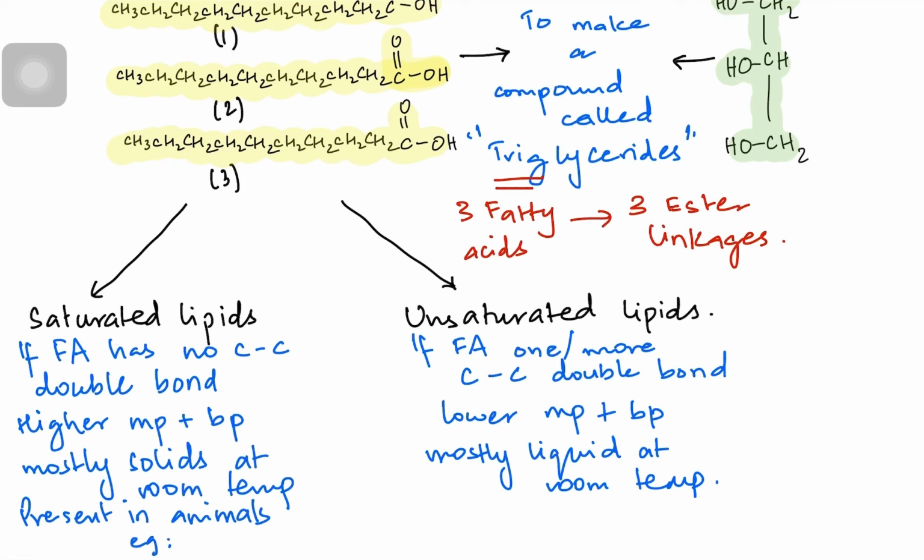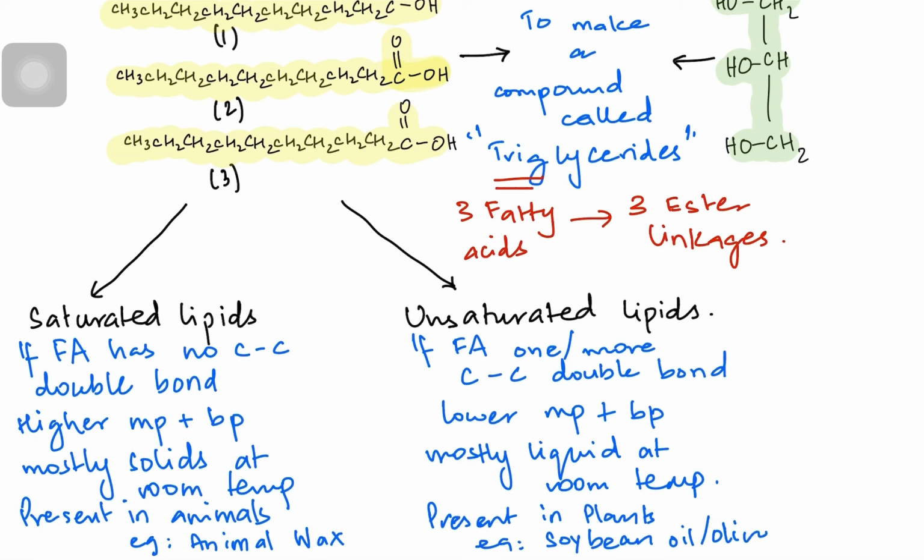For example, animal fat present in meat, beef, for example, animal wax, that's saturated. The unsaturated ones are present in plant sources. For example, soybean oil, olive oil, sunflower oil, these are unsaturated lipids.